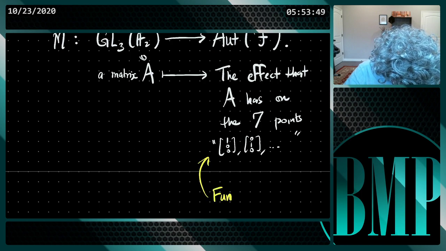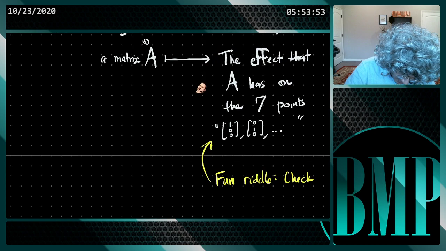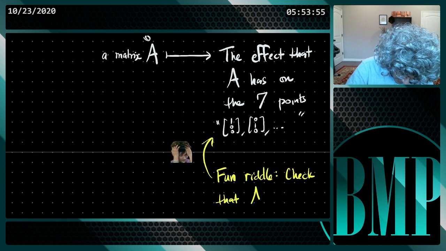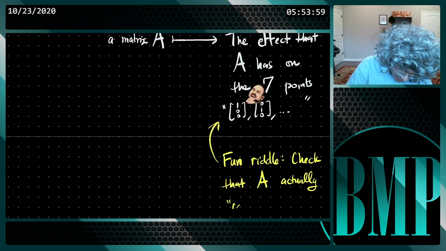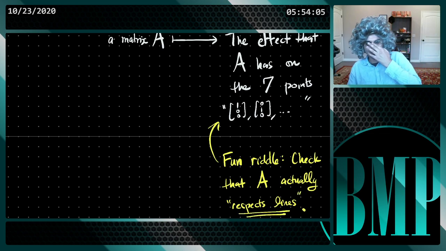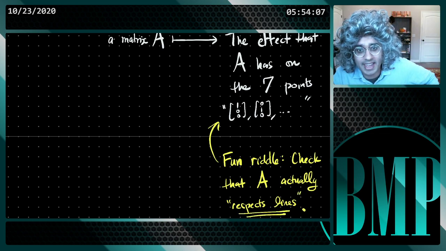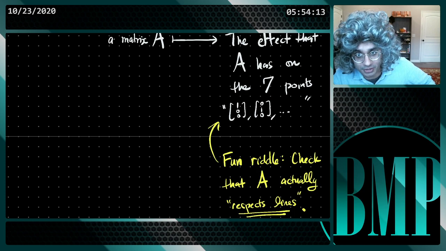Fun riddle. Check that A actually respects lines. And the reason why A respects lines is that matrix multiplication is a linear transformation.